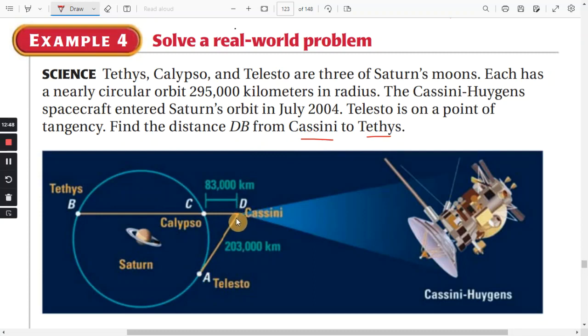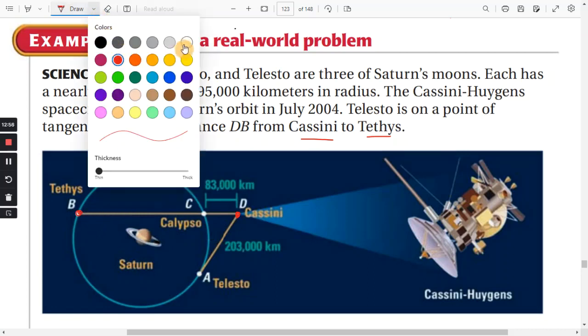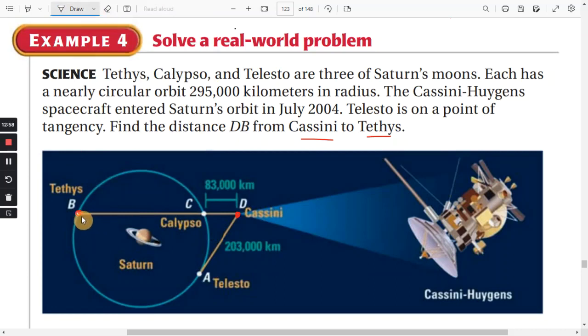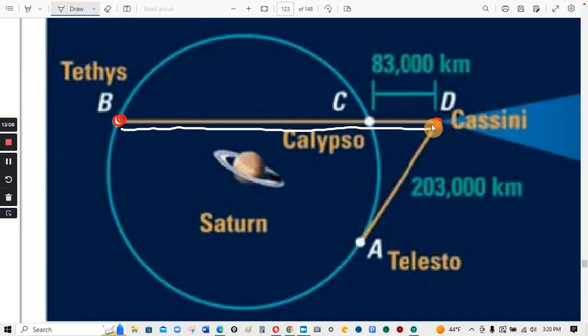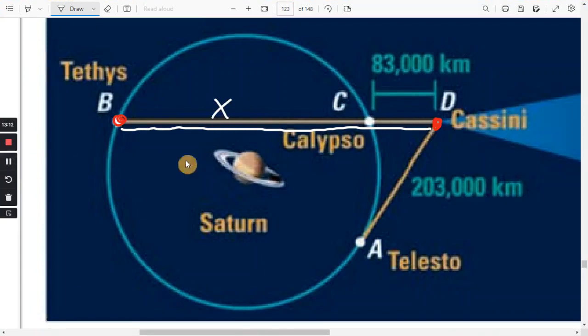Here's Cassini. And here's Tethys. All right, so we're looking for this entire distance right here, dB. Let me blow this up. All right, we're looking for this entire distance, dB, but we're given this portion here, so I'm just going to call this portion x.